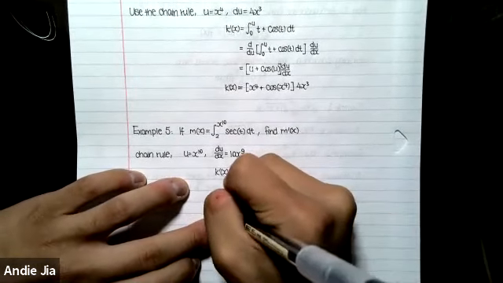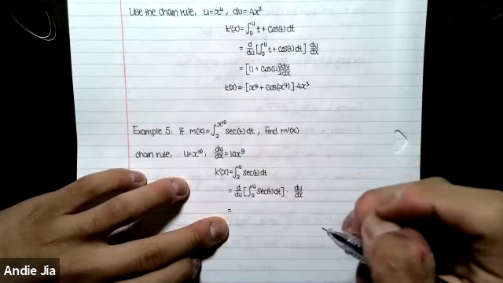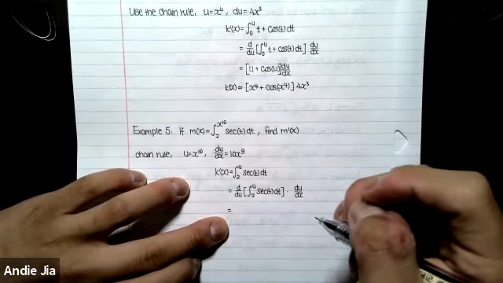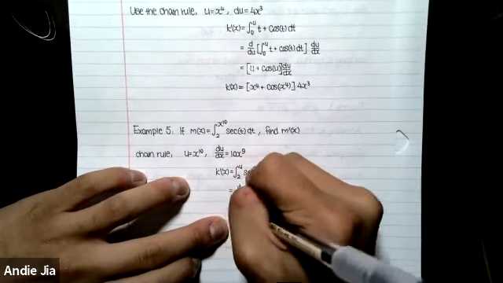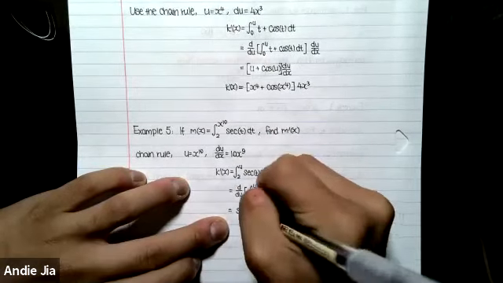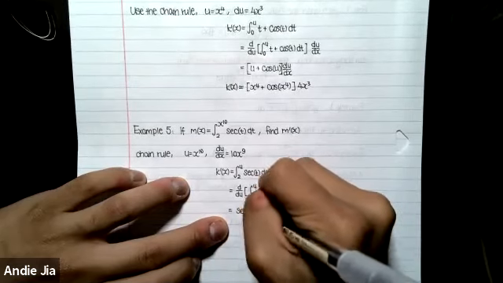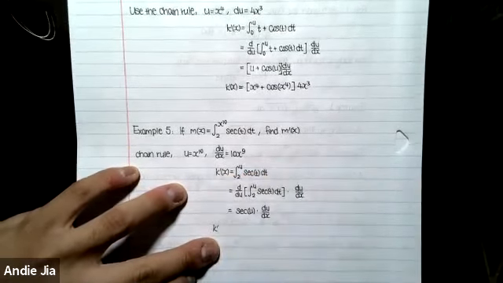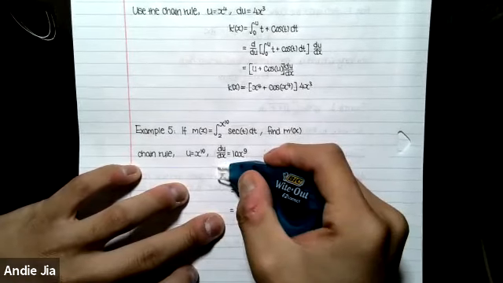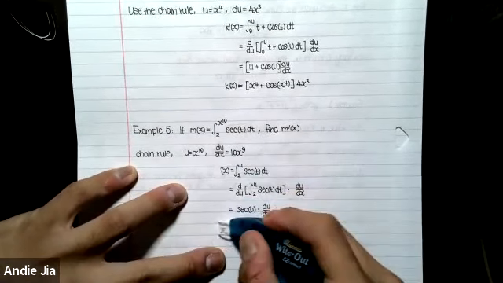For this side, we have just secant u times du dx. Finally, we have this m prime of x. I'm so sorry for the mistake.